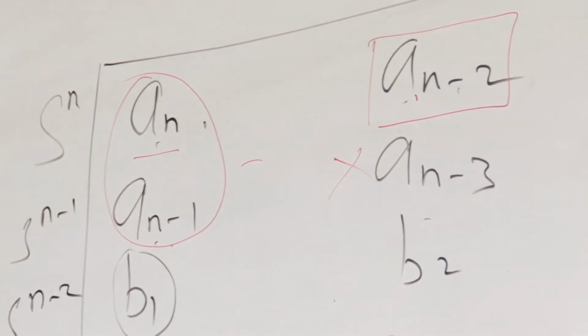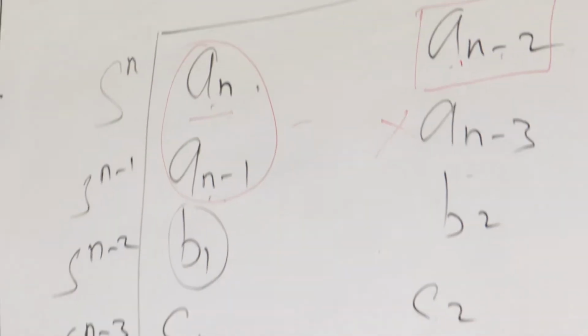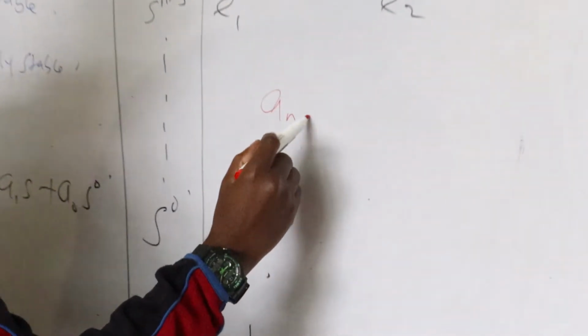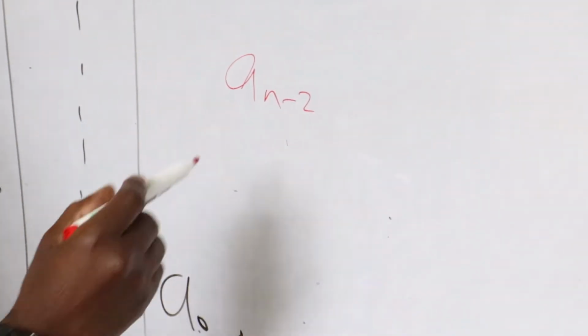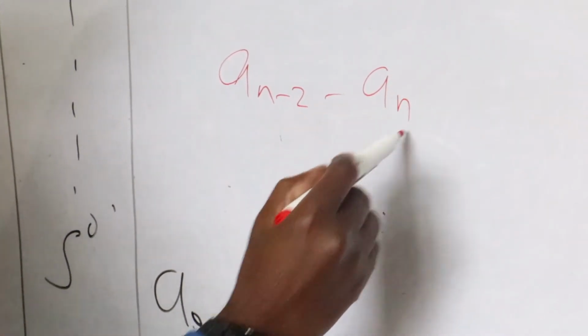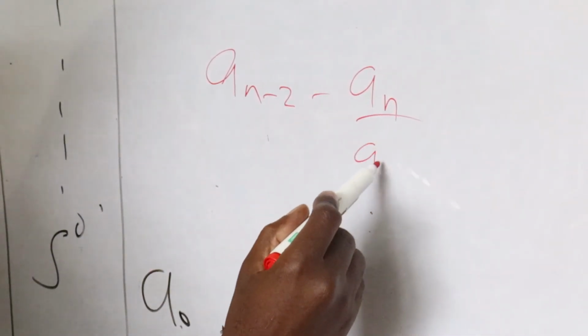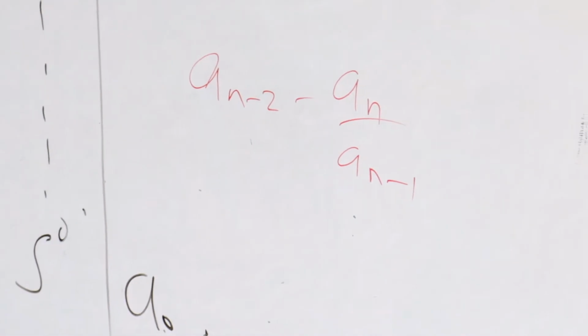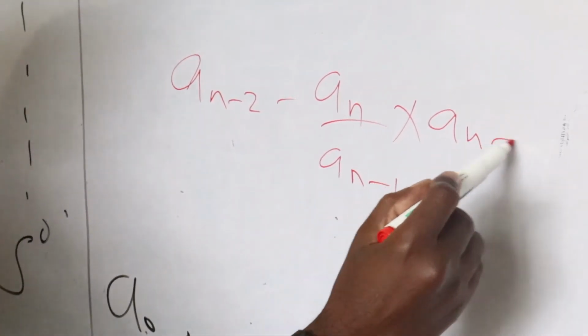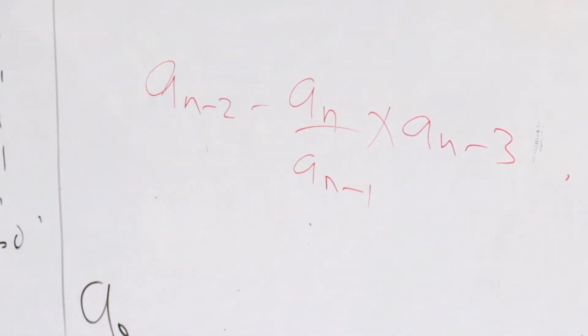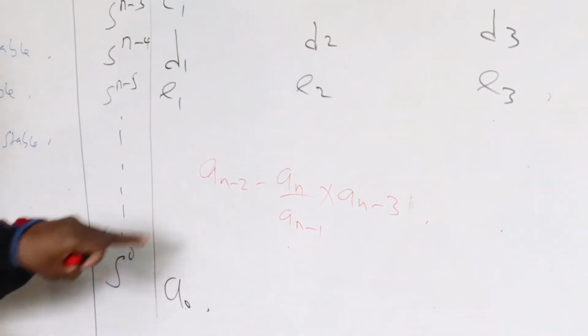We are simply saying a_{n-2} minus a_n over a_{n-1}, times a_{n-3}. If you expand it, that one will come there. Is that true?